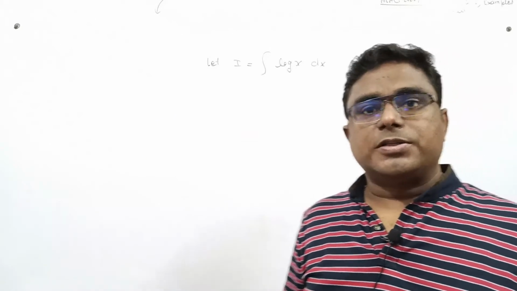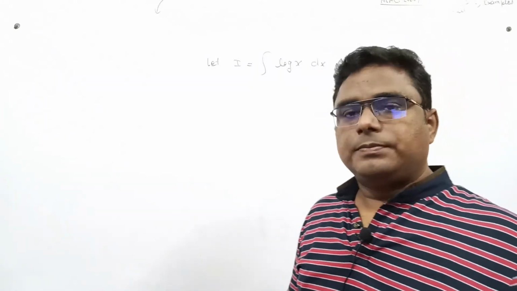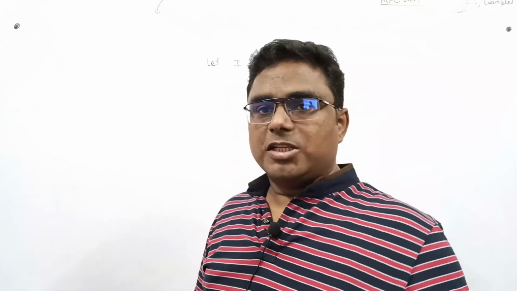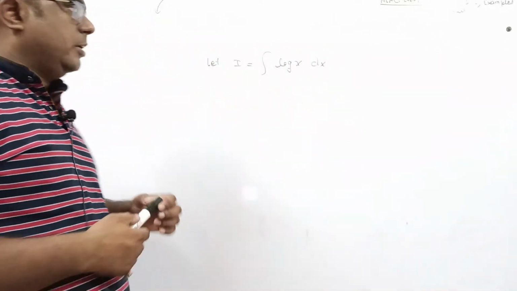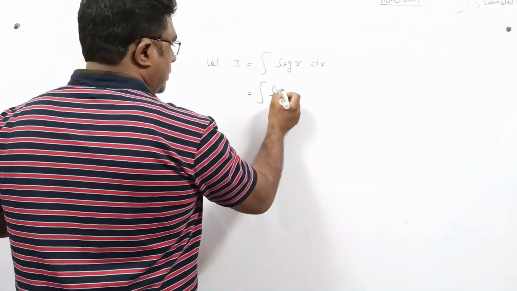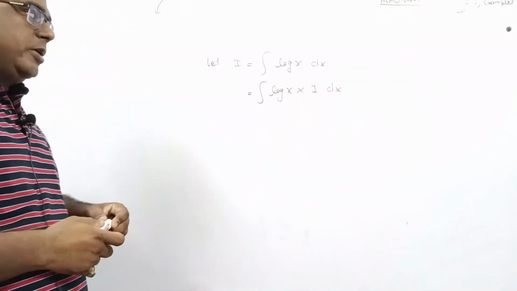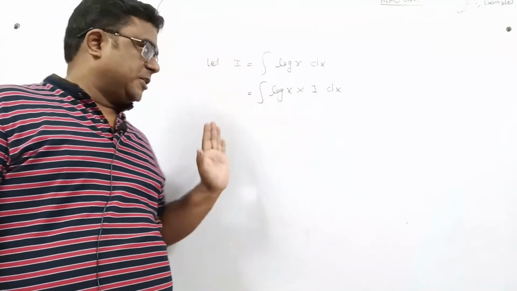There are not two functions. And one more problem is that log x is not the differential of anything, as we know. So what will we do here to apply integration by parts? We will write a 1 in the multiplication of log to get two functions in multiplication.